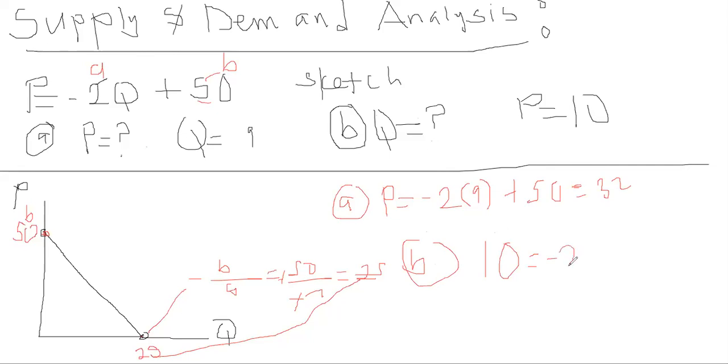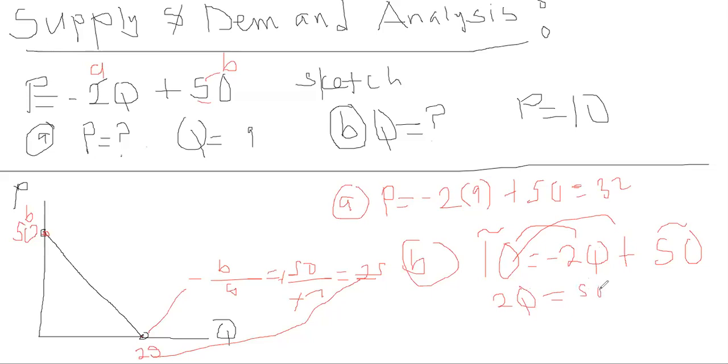So the question is asking us to find the value of the quantity when the price equals 10. This is a constant and this is a constant, they are like terms. So we bring this to this side, and we bring this one to the other side. So this is -2, and if it's coming here, it will be Q.